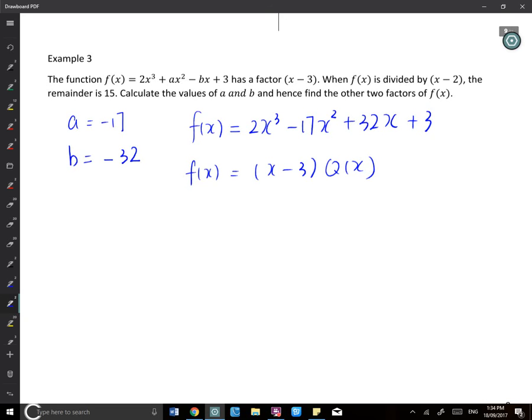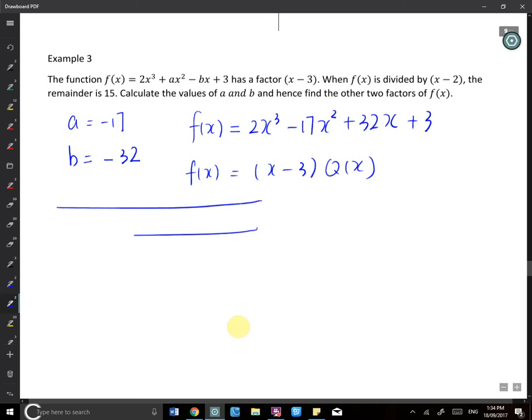Table. Yeah, we can use tables, or long division, or the recognition method. I'm not going to show you long division. Long division just uses p(x) divided by that, and whatever you get is q(x). If we use a table, it's quicker.